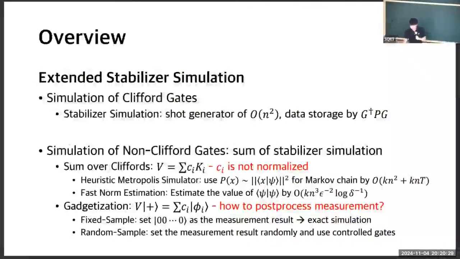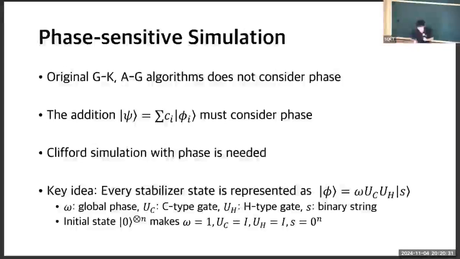But one question remains. We have the Clifford simulator, like the stabilizer simulator, as a shot generator, but that is the problem, because that doesn't include phase. We need to simulate the stabilizer states as they are. They need to be phase sensitive.